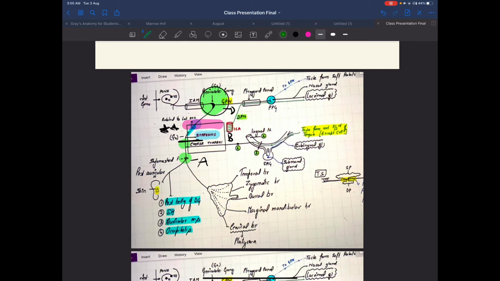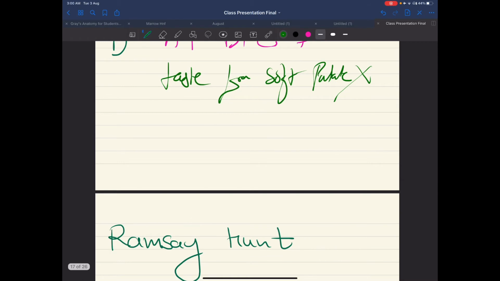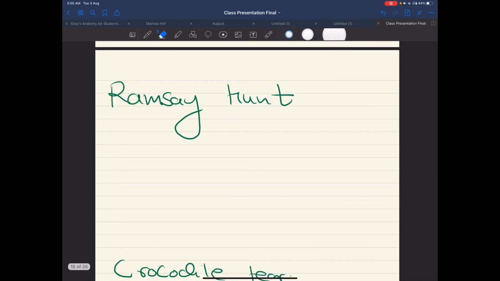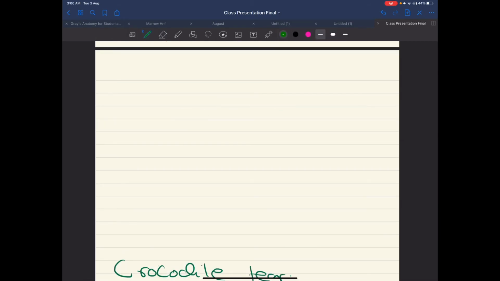From there, the nerve goes, which is called the zygomatic nerve, which is divided into further two branches, zygomaticofacial and zygomaticotemporal. If this is your pterygopalatine ganglion, this is your V2 coming out.